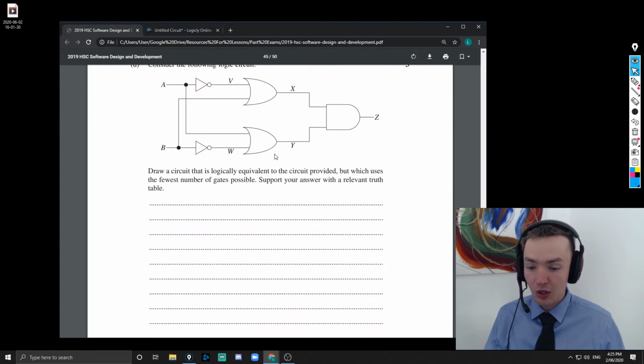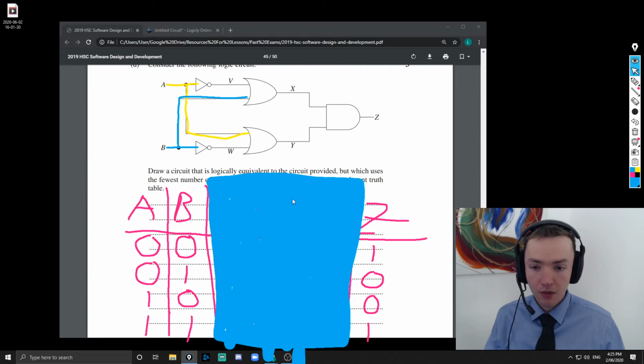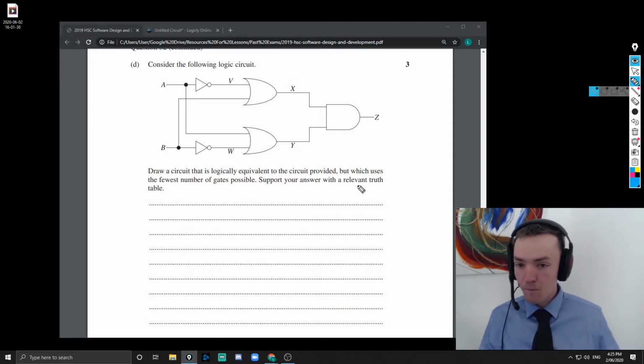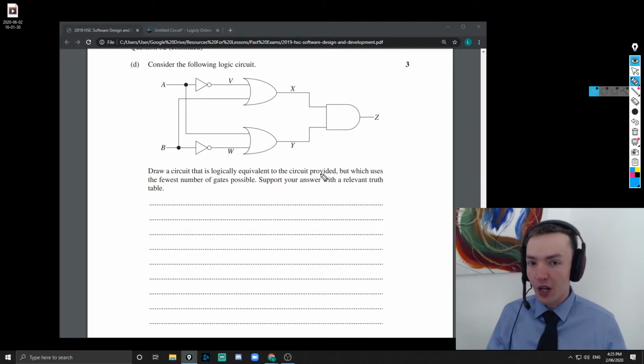So the answer to this question is an XNOR gate. It's one of the more funky ones, but you've got to remember what those gates' inputs and outputs look like, and identify what they are.